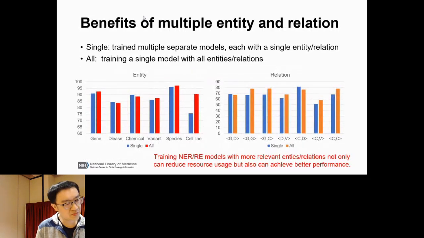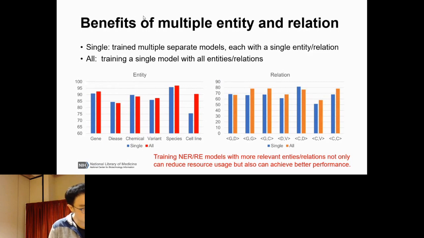In this slide we explore the benefit of multiple entities and relations. We compare training a single model with all entities and relations against training multiple individual models, each with a single entity or relation.